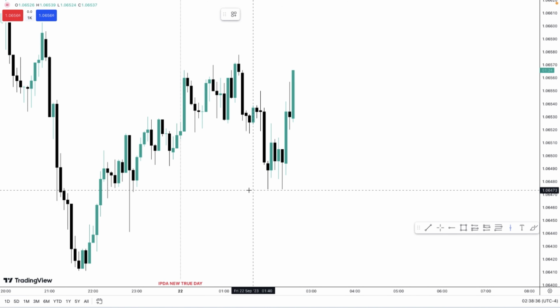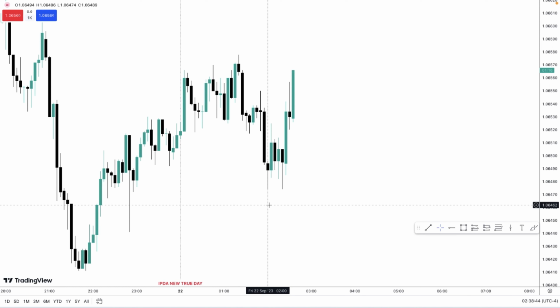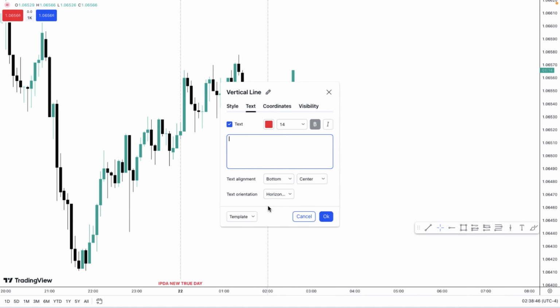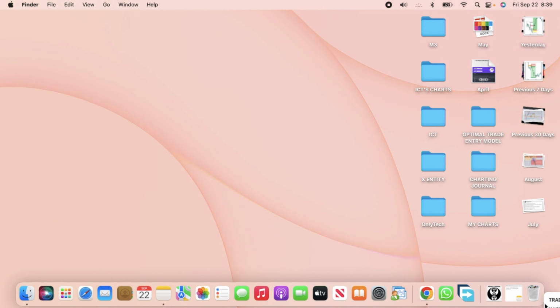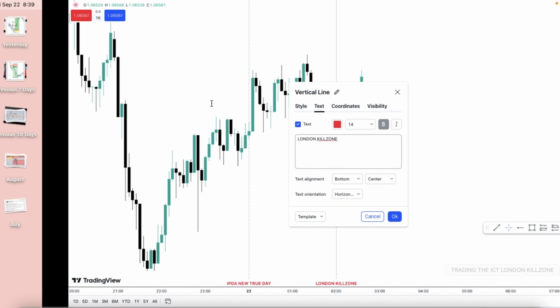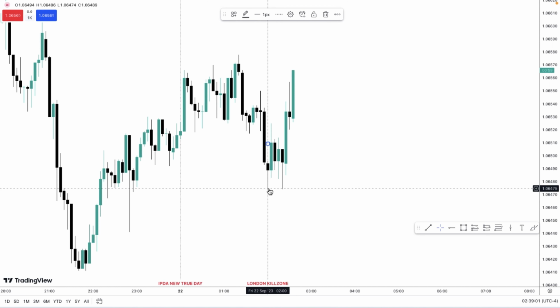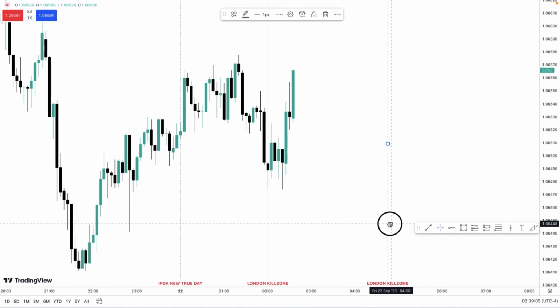Then I'm gonna mark our second significant hour, which is the 2 a.m. So this is the London Killzone. Remember what I said at the start of the video? The London Killzone, 2 a.m. to 5 a.m. So I'm gonna mark the London Killzone using the 2 a.m. hour and the 5 a.m. hour.